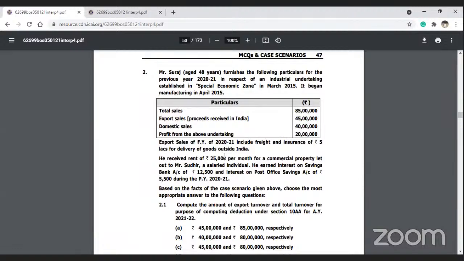So there are two savings accounts here. One is 12,500 and the other is 5,500. So for the post office, 3,500 will come, and for the other savings bank account, 10,000 will come. Plus 2,500. The deduction will come in the first one. Yes, 10,000 deduction.